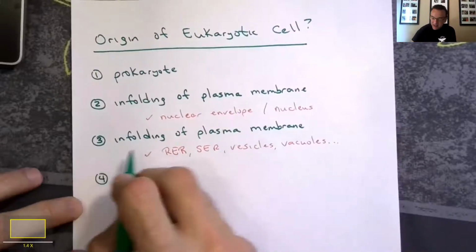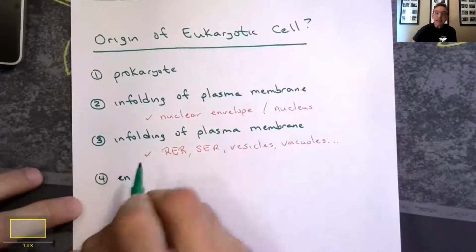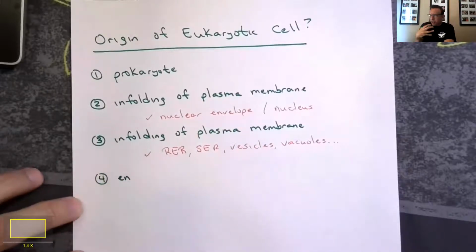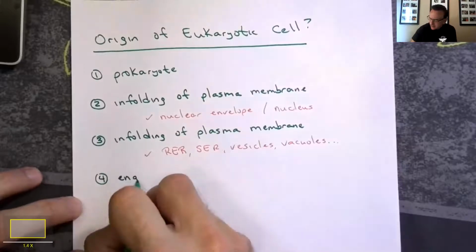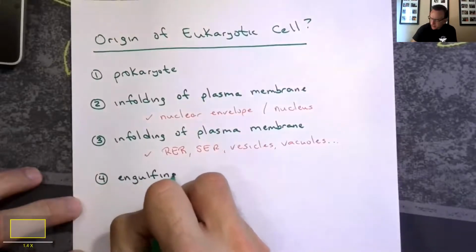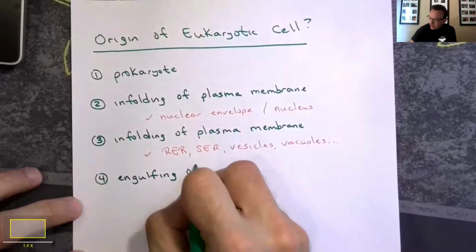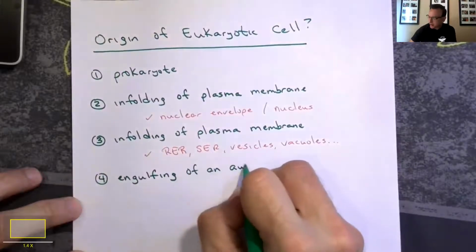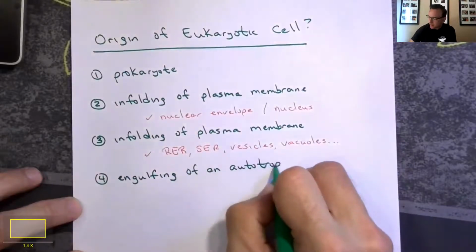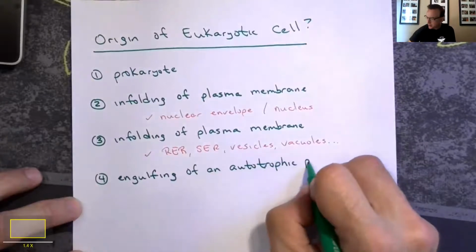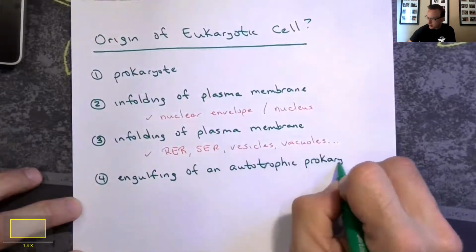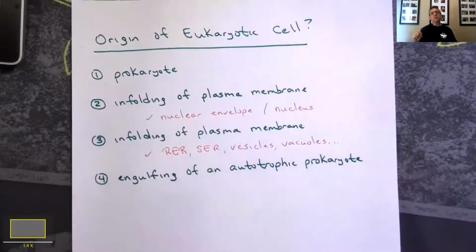All right. Then step 4, you have engulfing. Okay, to engulf, to take in. It's an interesting term. Engulfing of, and here comes some vocabulary, an autotrophic prokaryote. Now, I never want you to be intimidated by vocabulary, ever, okay?